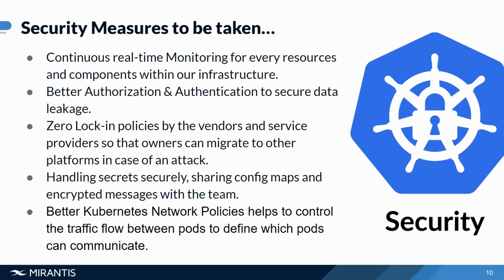We have a lot of different microservices on our cluster, and thus it is really important for us to maintain network policies between all those pods and resources, so that if any particular resource gets attacked by someone, that entity cannot access the main data files or the other microservices on our cluster. So it's a major issue that has to be looked into while designing our infrastructure.